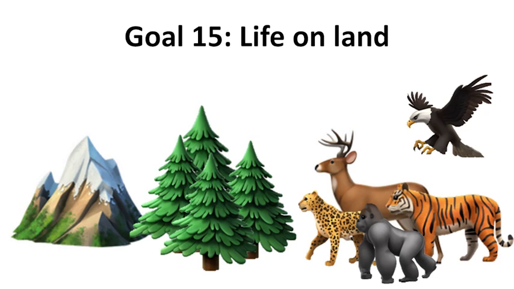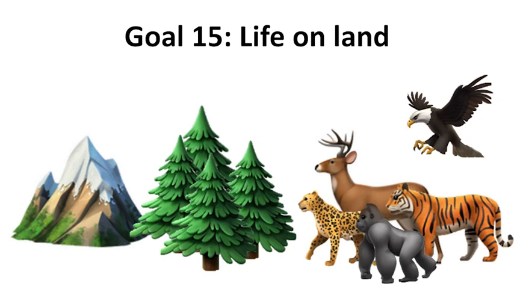Sustainable Development Goal 15 is to protect, restore, and promote sustainable use of terrestrial ecosystems, sustainably manage forests, combat deforestation, and halt and reverse land degradation and halt biodiversity loss. The goal articulates targets for preserving biodiversity of forests, deserts, and mountain ecosystems as a percentage of total land mass.